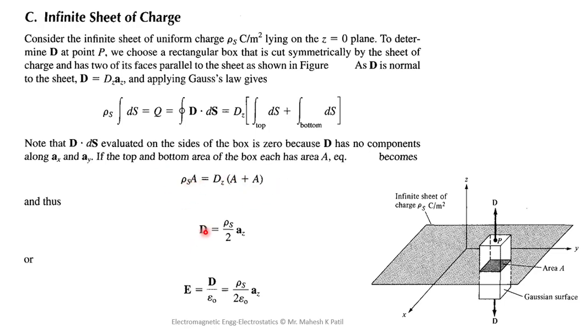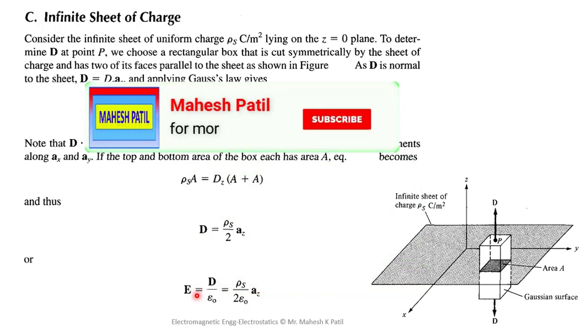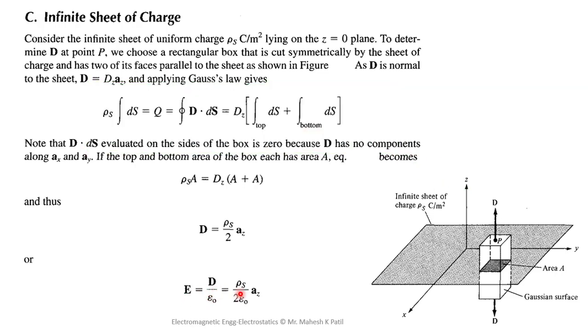So this will become D equal to rho s upon 2. Now it is along the z direction, therefore az bar. The same we have observed for the electric field intensity due to surface charge, which can be given as rho s upon twice epsilon naught az bar.